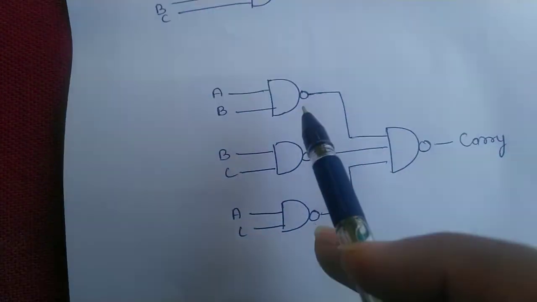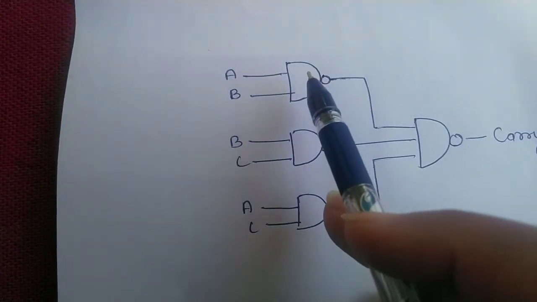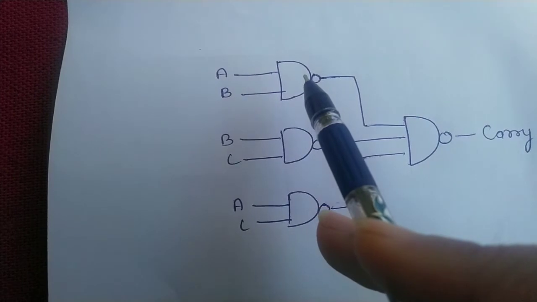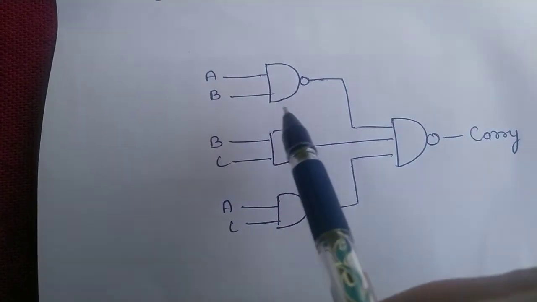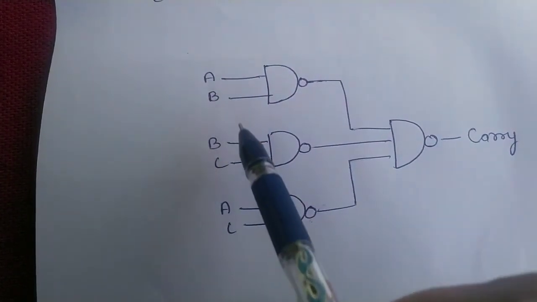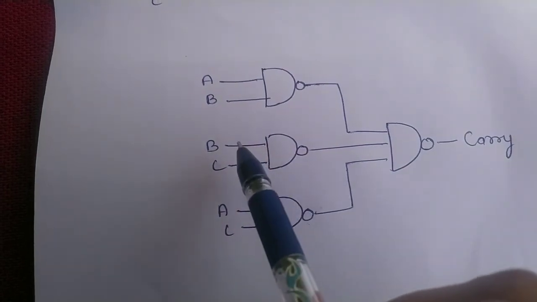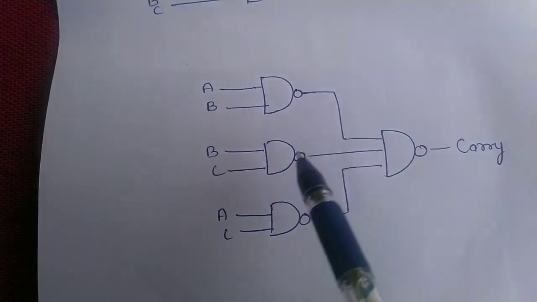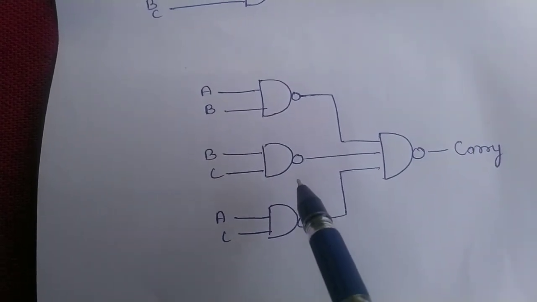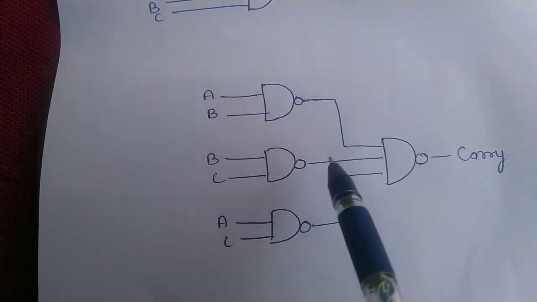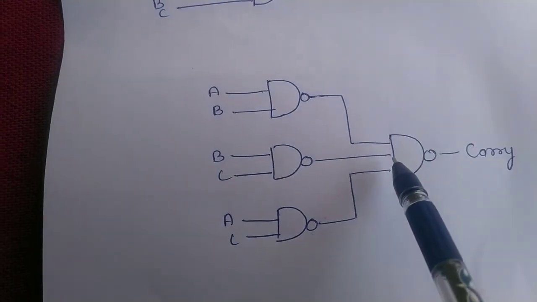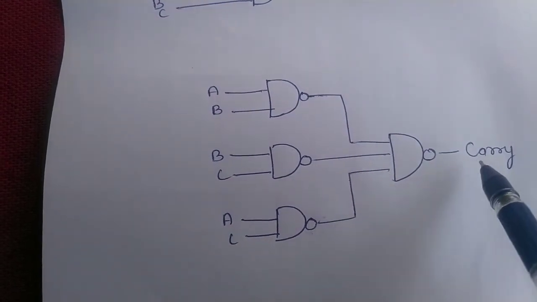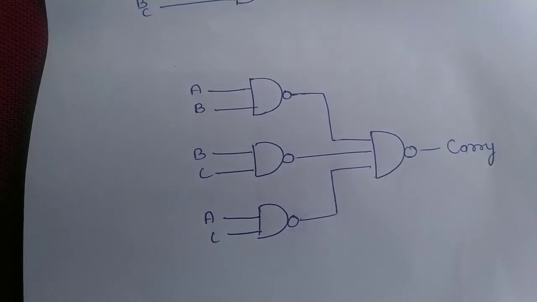This NAND gate takes inputs A and B, this NAND gate takes inputs B and C, and this will take inputs A and C, and they will give us the corresponding outputs. These outputs act as inputs for this NAND gate, and it will give us the output in the form of carry.